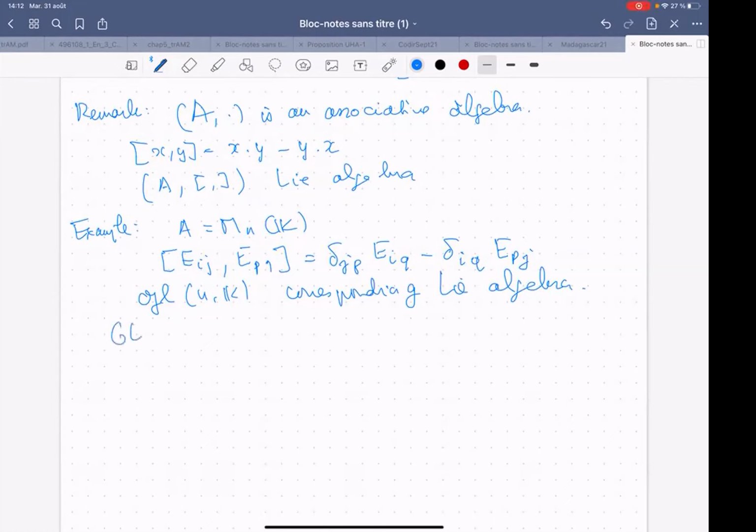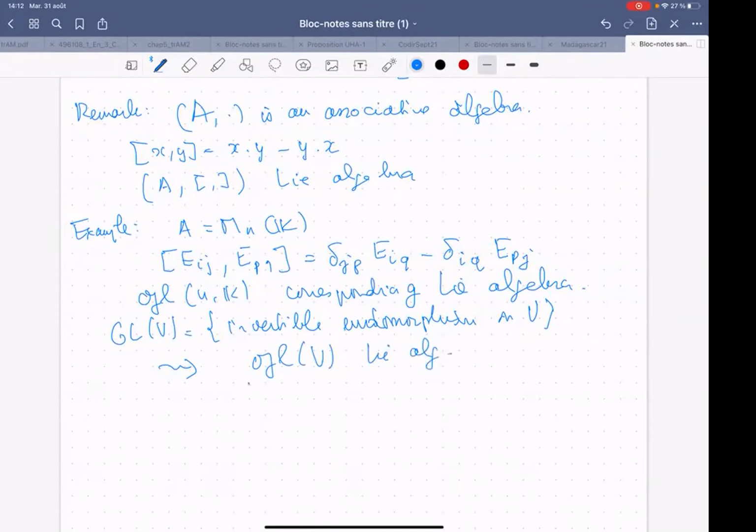And now if we consider gl(V) to be the set of endomorphisms over V, then we can again construct gl(V), which is also a Lie algebra, and this is a sub-Lie algebra of gl_n, maybe this way.